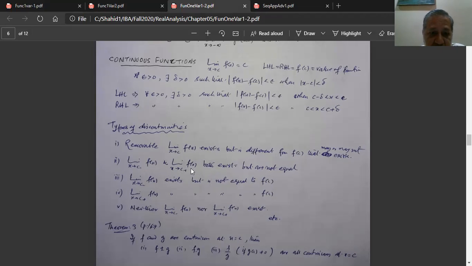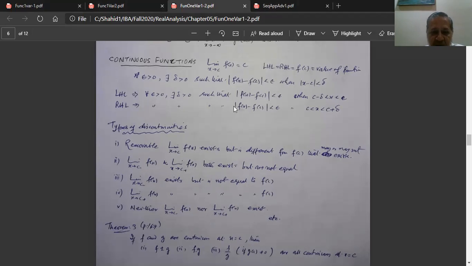Left and right limits both exist, but are not equal. Left limit exists and is not equal to the function value. A right limit exists, but is not equal to the function value. Neither left limit nor right limit exists. Function value exists or not.